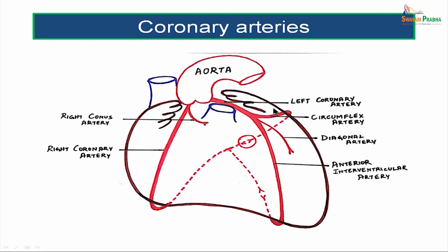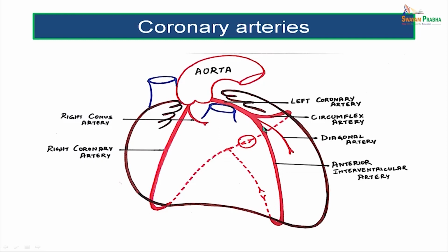So, there are two arteries which are the terminal branches of the left coronary, and this is the circumflex artery which is going to wind around the left border, hence the name circumflex, and this is the anterior interventricular artery which is going to lie in the anterior interventricular groove of the heart.